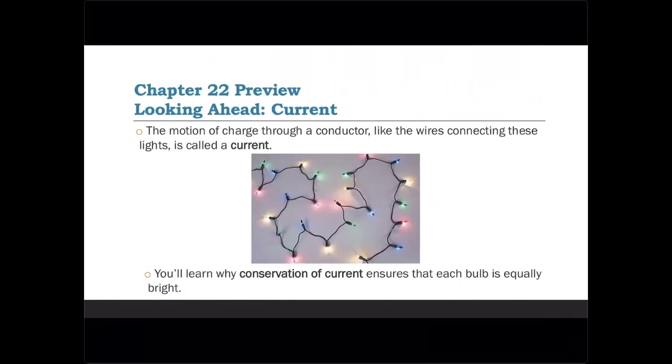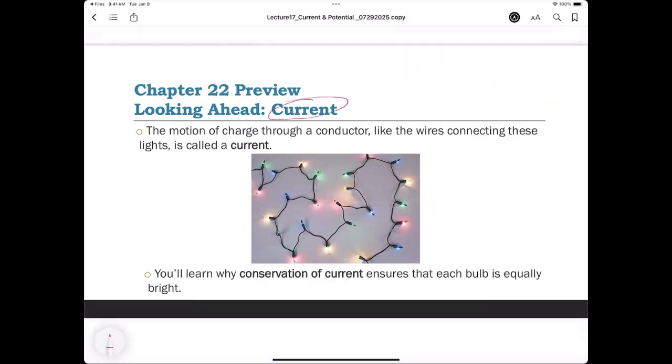Let's do a preview for chapter 22. Firstly, we will talk about the current. Speaking of current, what is the first thing you can think of? You will think of a bright bulb, some shining lights. Actually, the motion of charge through a conductor, like the wires connecting these lights, is called a current.